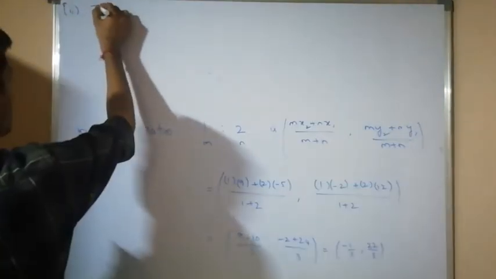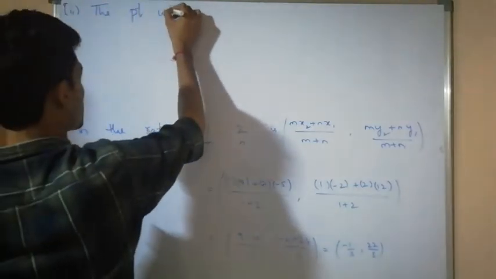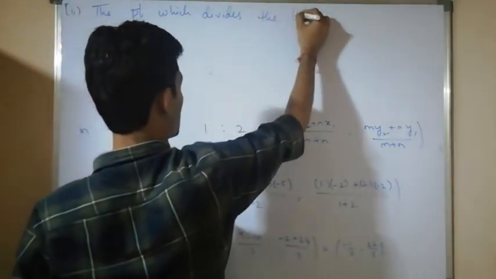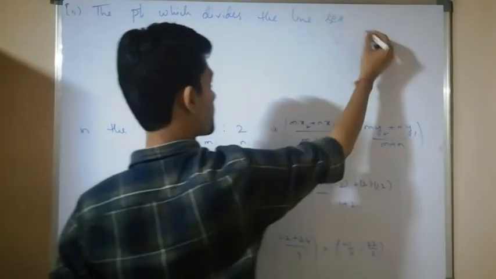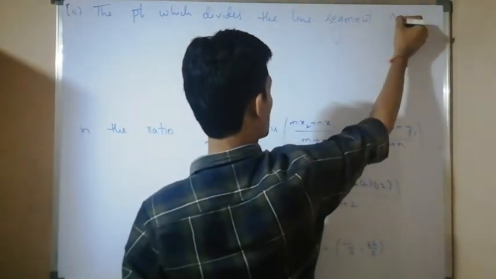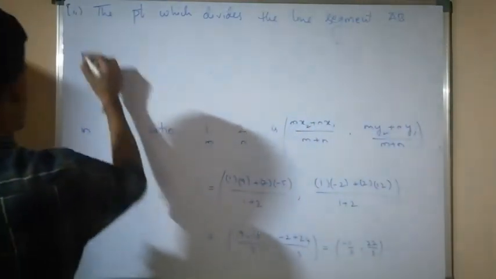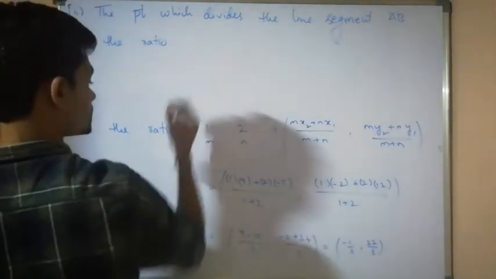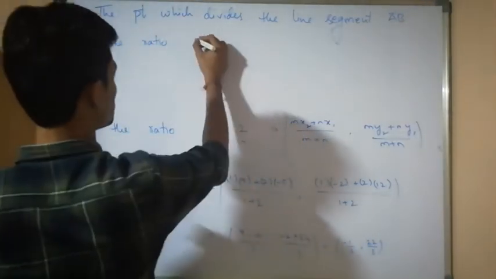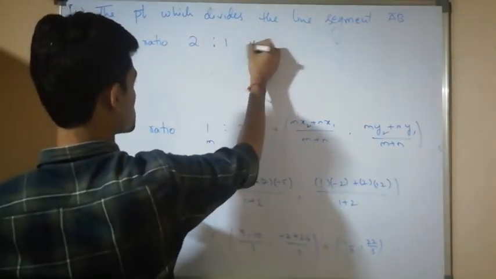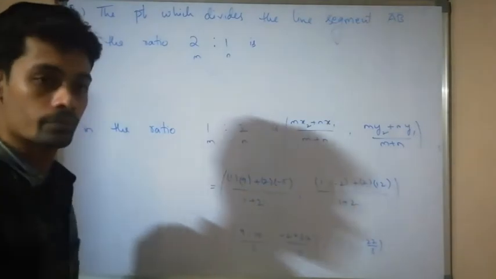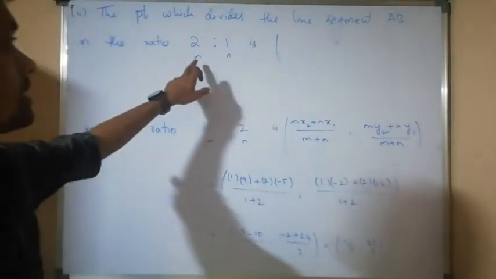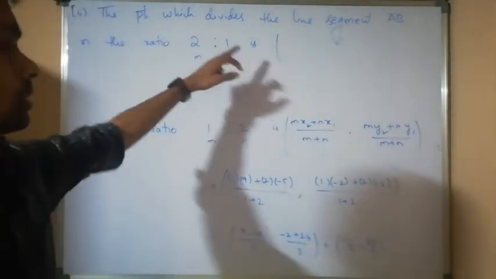Now the point which divides the line segment AB in the ratio, this one we took 1 is to 2. Now let us take 2 is to 1. This is m and this is n now. Already we have written the formula. Just replace m and n with 2, 1.